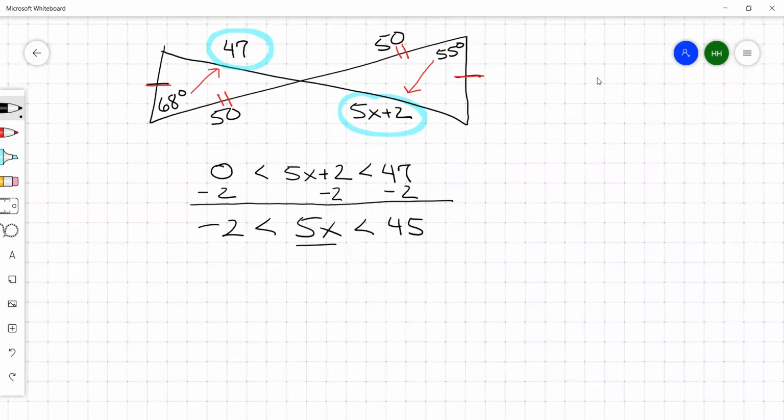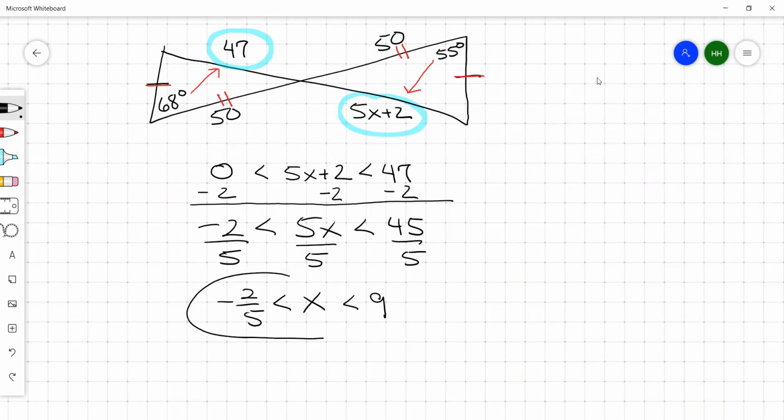And we're going to divide everything by 5. And we're going to get negative 2/5 is less than x, which is less than 9. That's your range of values for x using the Hinge theorem.